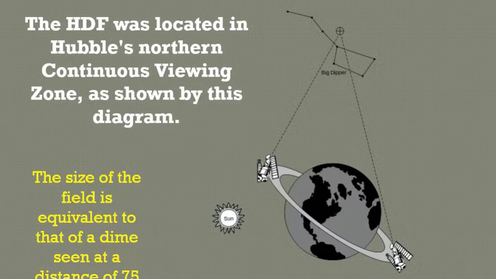They chose that spot because there were no bright stars in that area. No bright stars. And if you want an idea of the size of that little spot in the sky up there, it's equivalent to seeing a dime at a distance of 75 feet. Now, it isn't that far from here to the back end of the room back here.